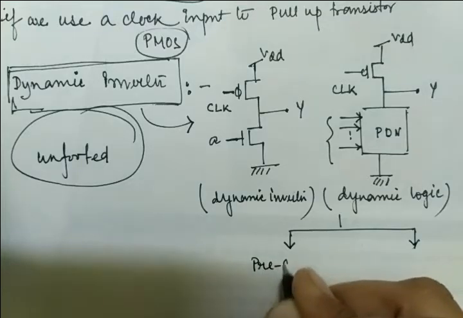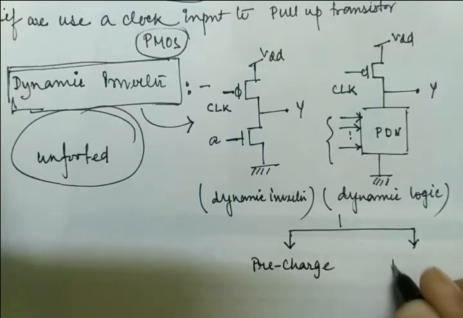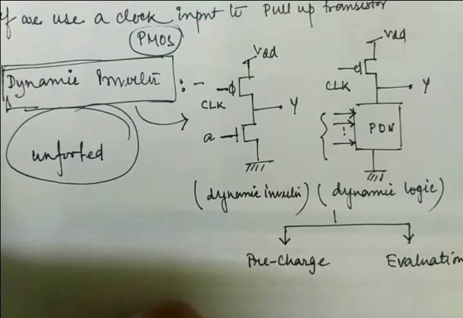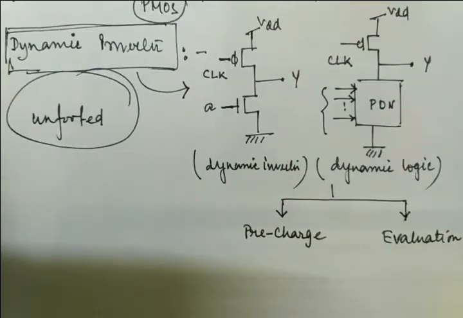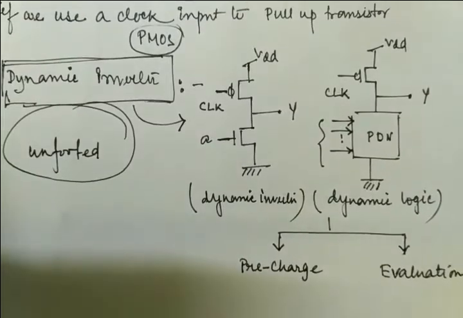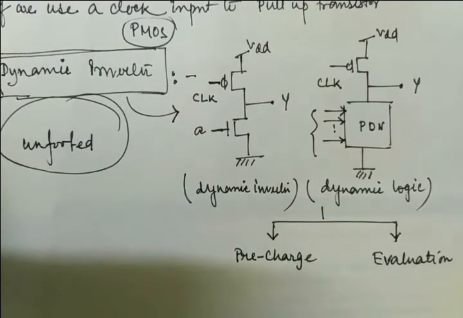One is the pre-charge mode and one is the evaluation mode. It's a very good and very common question: discuss the pre-charge and evaluate logic of the dynamic CMOS logic circuit. It's a very, very important question.